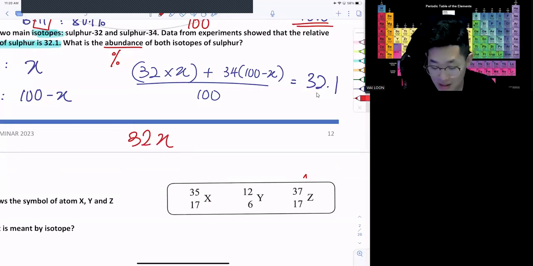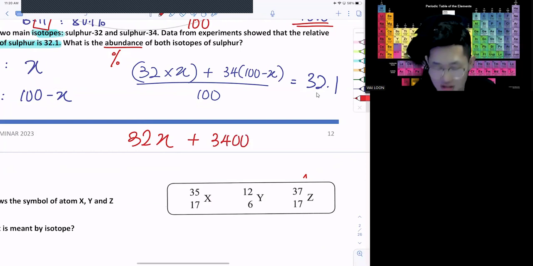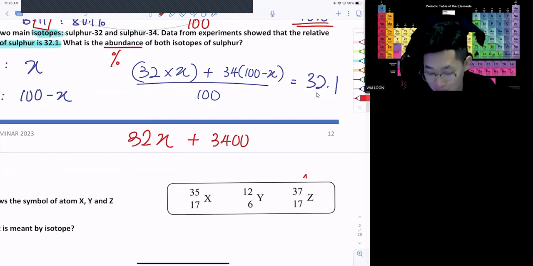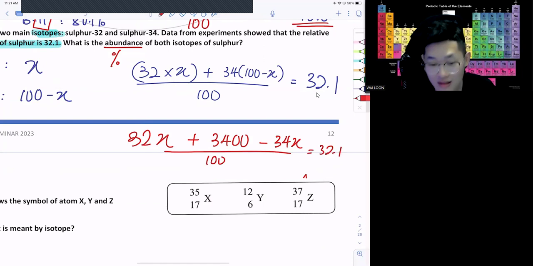It's 32x plus 3,400 minus 34x, divide 100, equals 32.1.